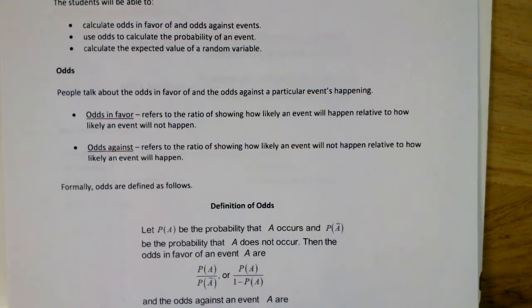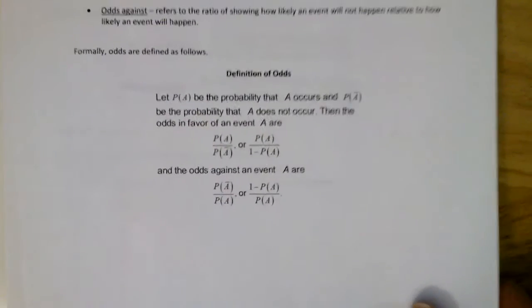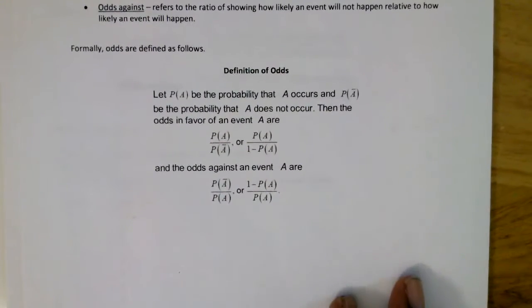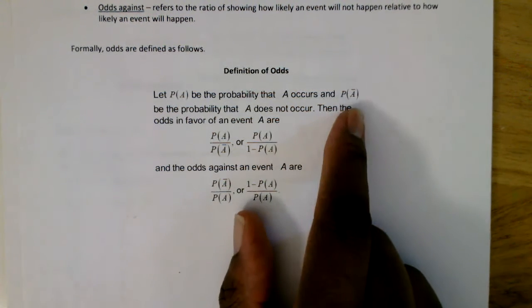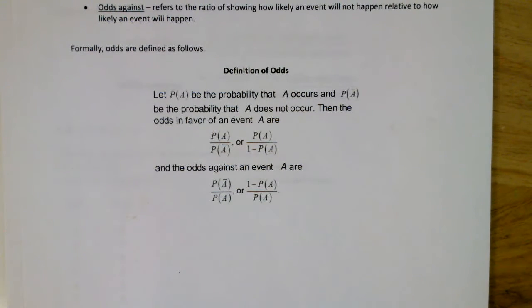And you'll see that formally as we define odds. In this case, if I let P(A) be the probability that A occurs, and P of A bar, the complement of event A, the probability of A complement, that's going to be the probability that A does not occur.